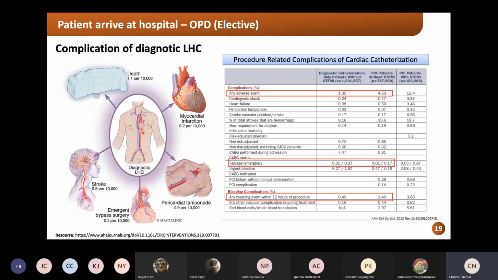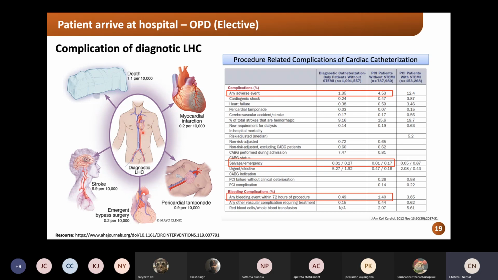But anyway, when the patient has to do a PCI in the case of STEMI, the adverse events might be increased double, right? Because it's a very critical event.